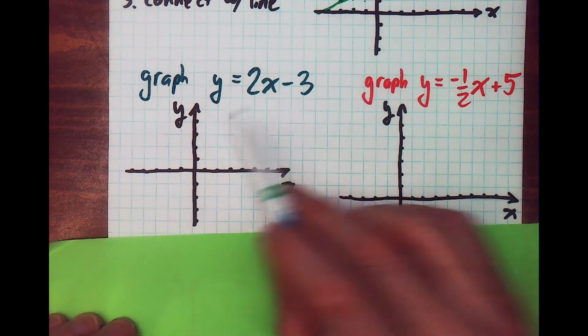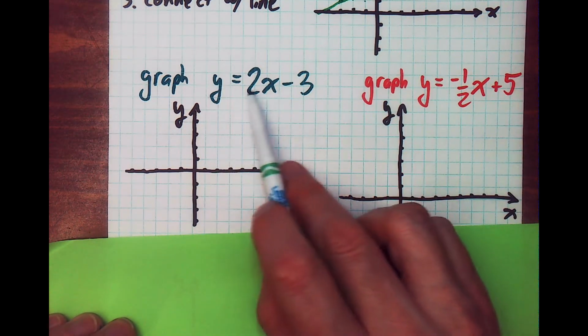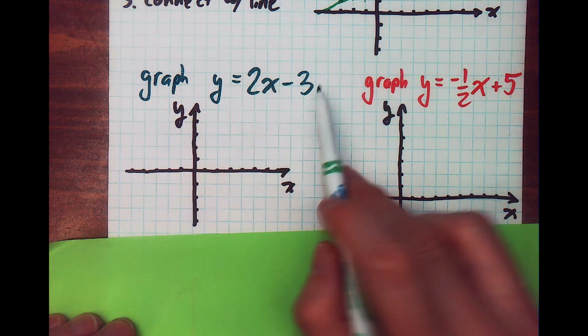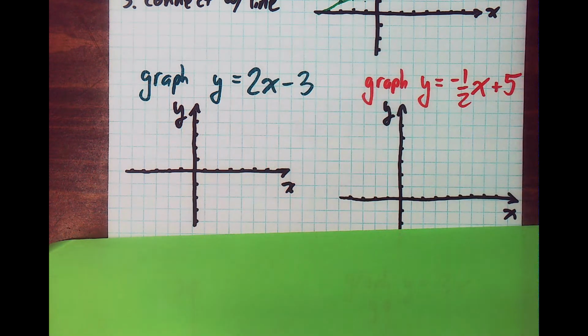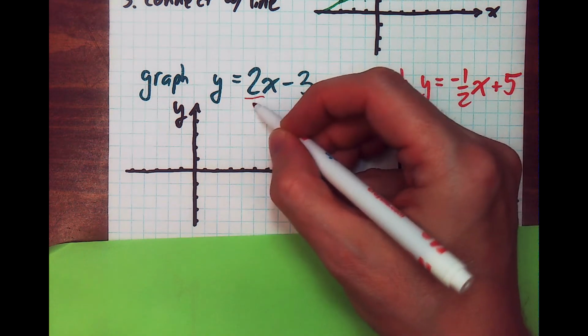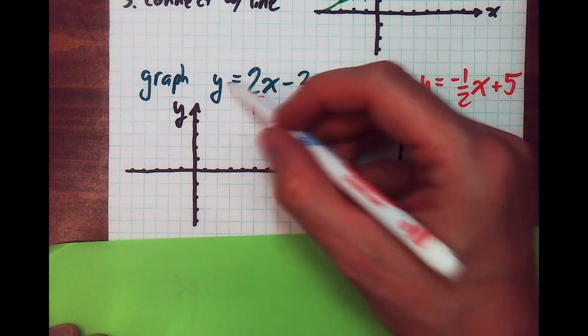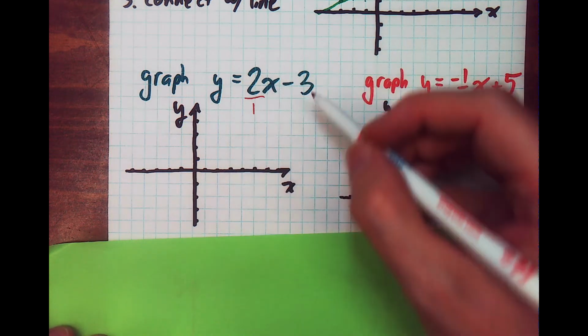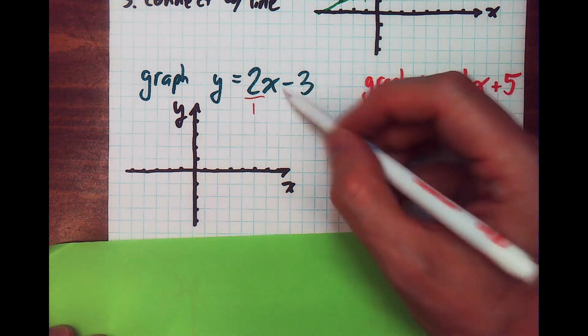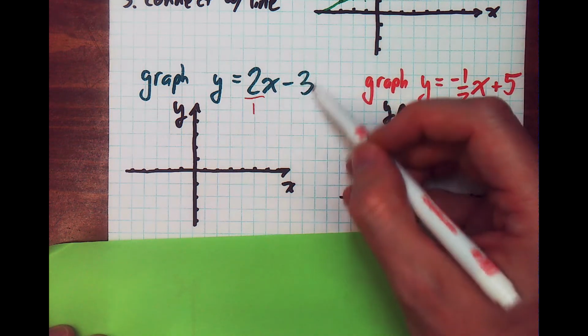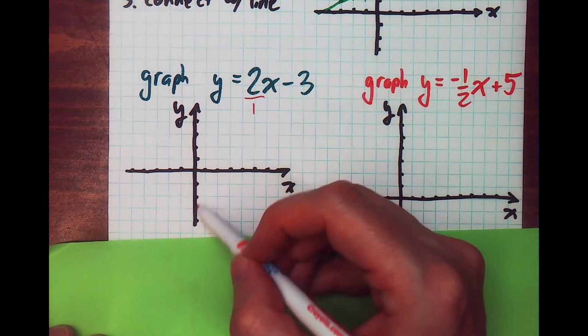Let's do this next one. Graph y equals 2x minus 3. Again, I don't see the slope in terms of a fraction, so I can make it a fraction by simply writing the slope with a denominator of 1. Y equals 2/1 x. Well, that means I've got a slope of 2/1. But that's not where I start. I start with my y-intercept, which is -3. 1, 2, 3.